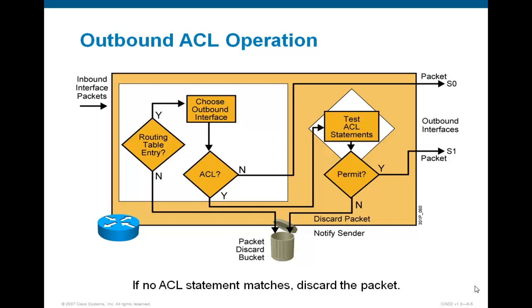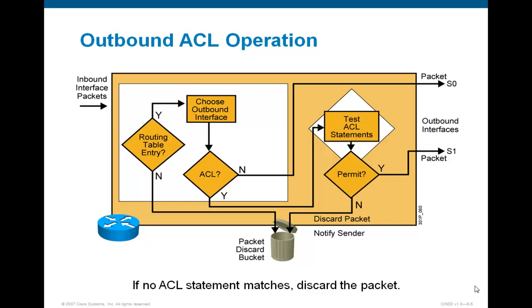Now, upon the router receiving a packet from the incoming or inbound interface, the router will check whether the destination is reachable by checking the routing table. If the routing table finds the entry, the route has an outbound interface, so the traffic will be routed to the outbound interface.